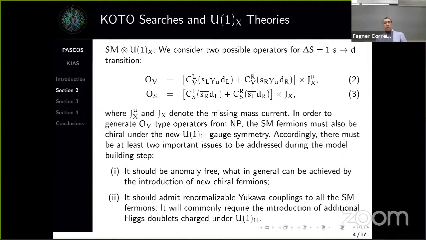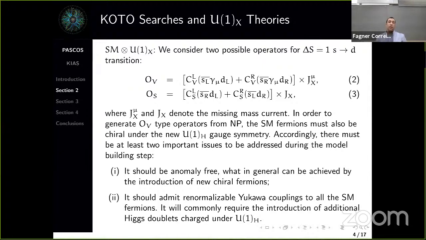So the idea is to generate these two operators that we can use to describe the Koto physics. One is this second example here. So we have the bilinear of both chiralities coupled to the missing mass current in the vector case and similarly to the scalar case. So these operators can be induced when the standard model fermions are chiral under this new abelian symmetry that we introduce.